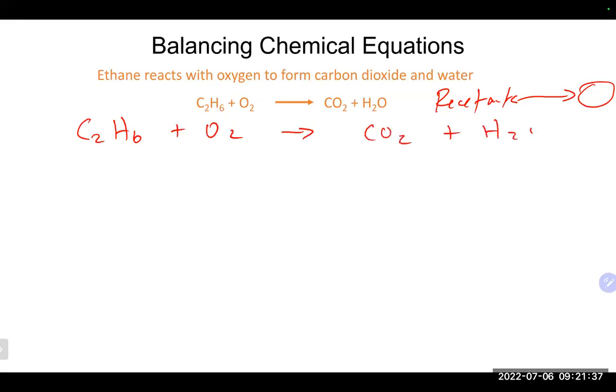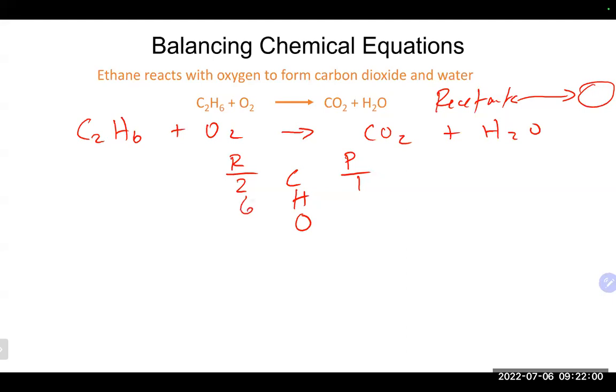I personally think, and if you want to do this, it's sometimes helpful to make a table of all the elements that you have going on there. So we have a reactant side and a product side, and we have carbon, hydrogen, and oxygen in this case. On the left-hand side, we have 2 carbons. Right-hand side, we have 1 carbon.